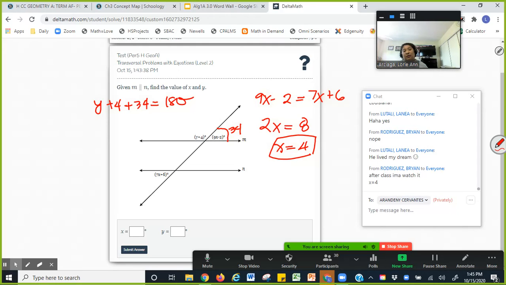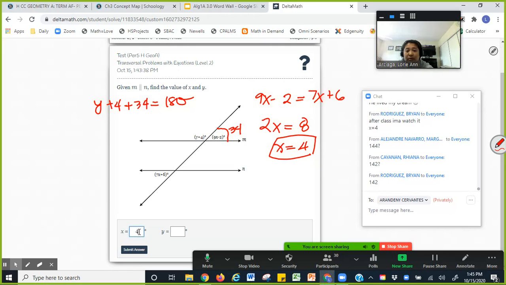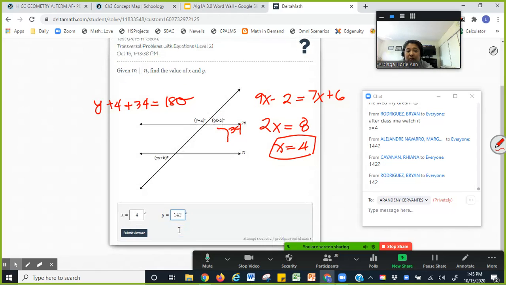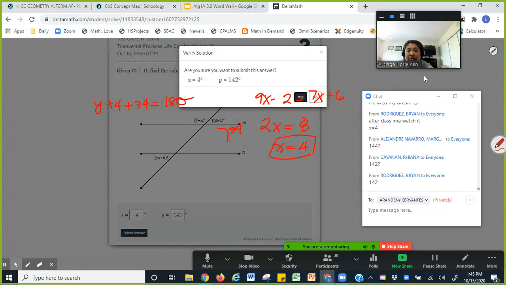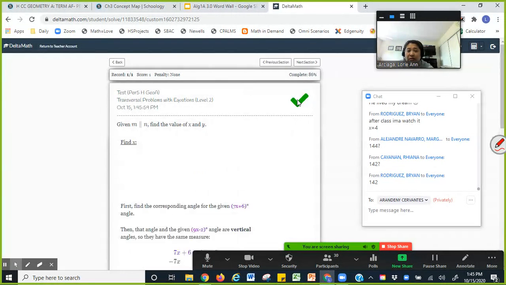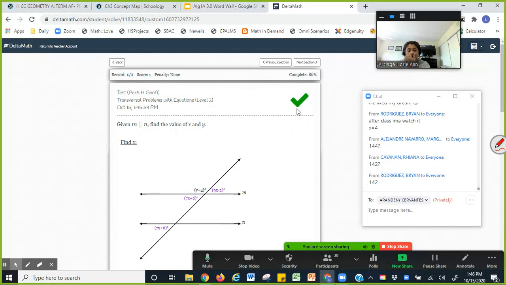It's 180 minus 38. 144. Okay, so x is 4. 142. I also got 142.